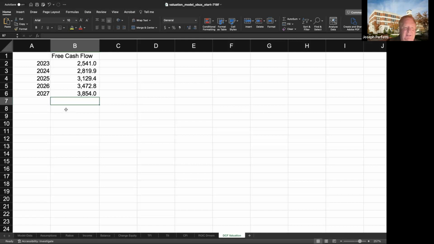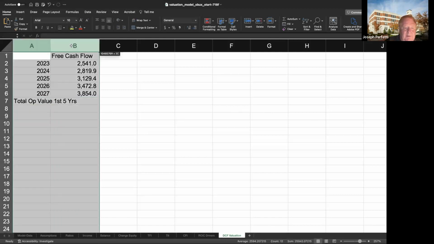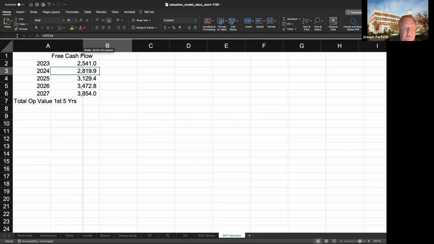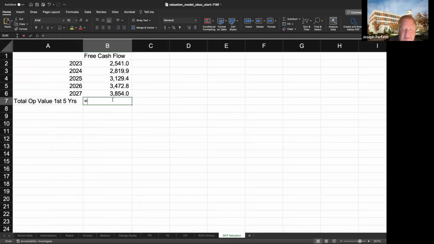So that the total operating value, first 5 years, is the sum of those free cash flows.